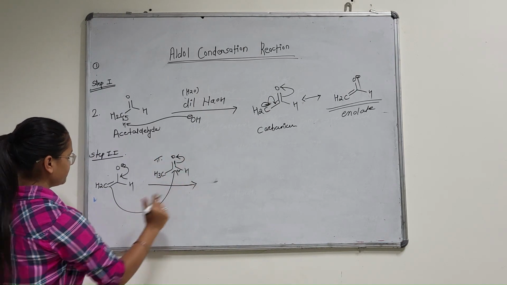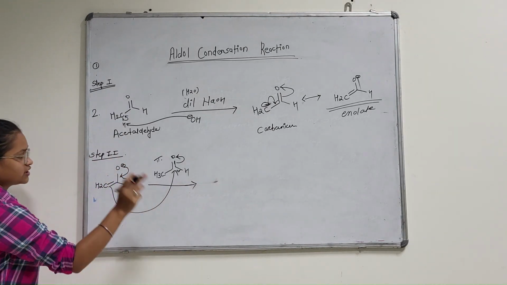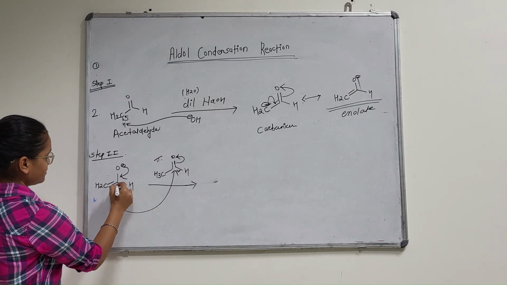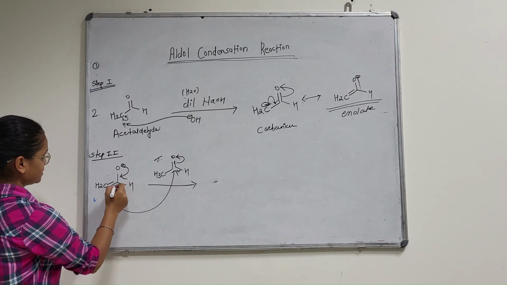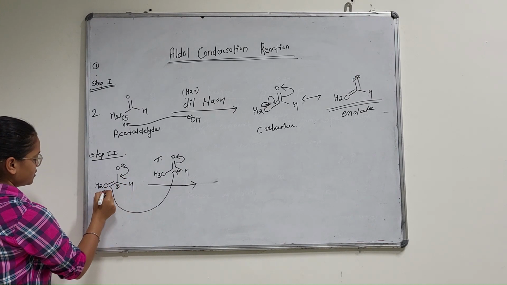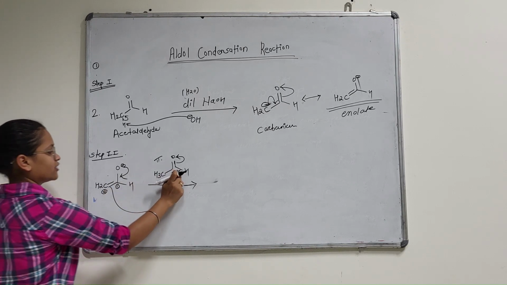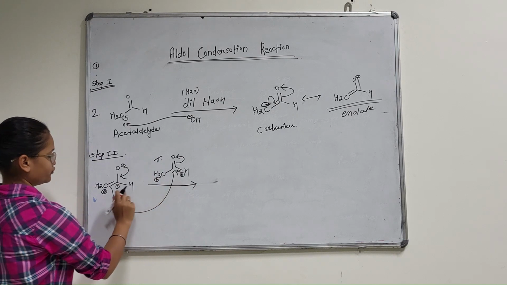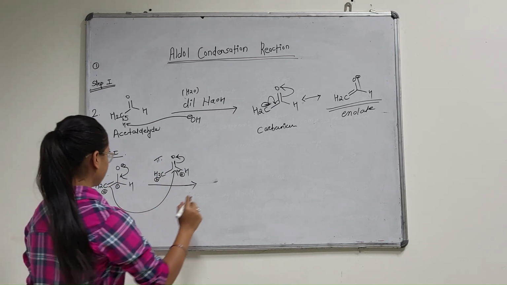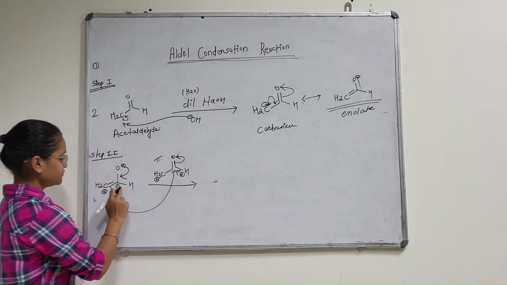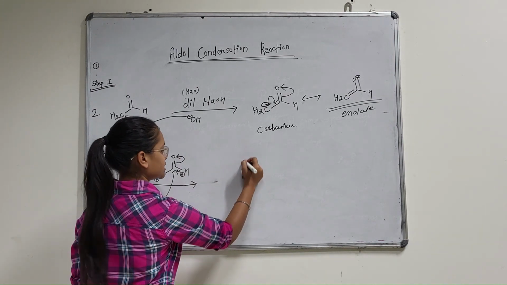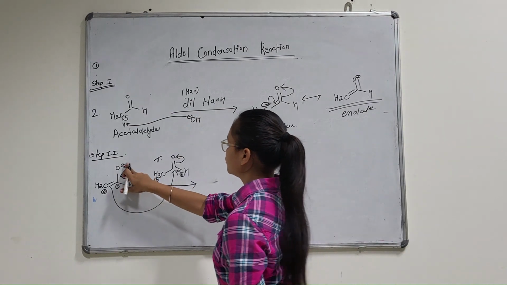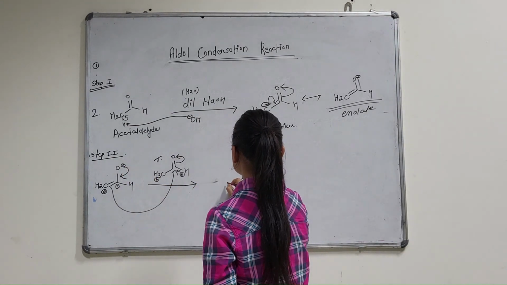So what will be obtained? Before writing the product, numbering is the main point, so that we will not get confused while writing the product. This is first, this is second. The second will attack on the third carbon atom, and the third is connected with a fourth carbon atom. So we have a total of 4 carbon atoms. So write the product. This first carbon has a double bond to oxygen, with 1 hydrogen.